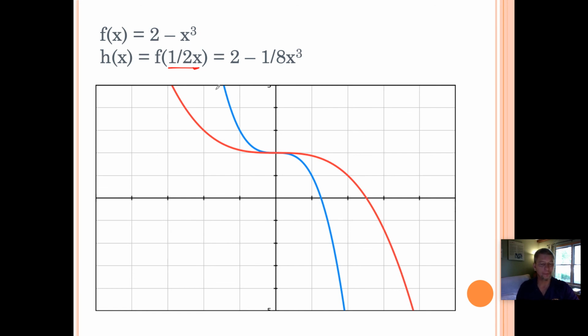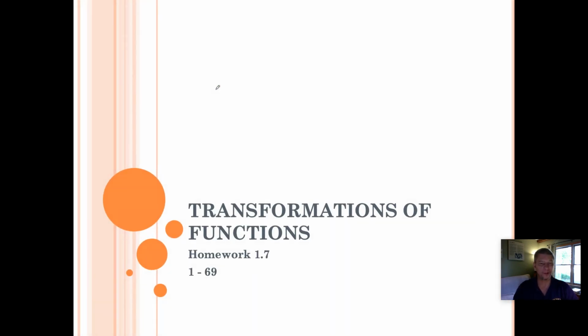Now, this will conclude our discussion of section 1.7. And so, 2 things. First, I would like you for homework for the next class to do homework questions 1 through 69 at the end of section 1.7. Odd numbers only, and remember again that the answer key is in the back of your textbook for those odd numbered problems.